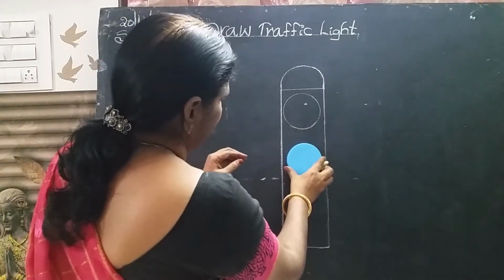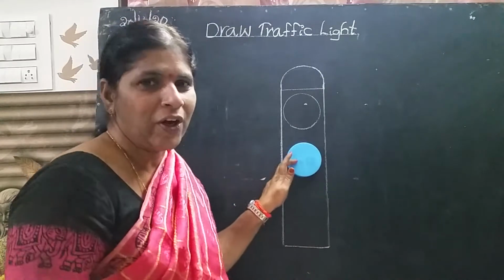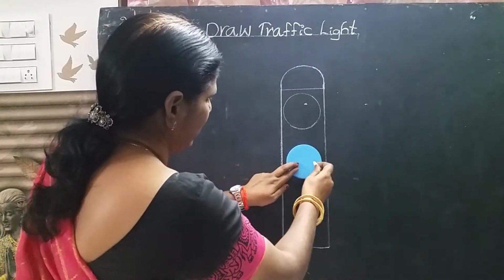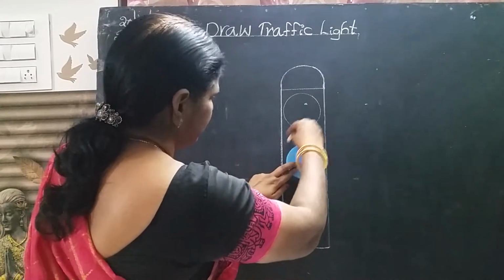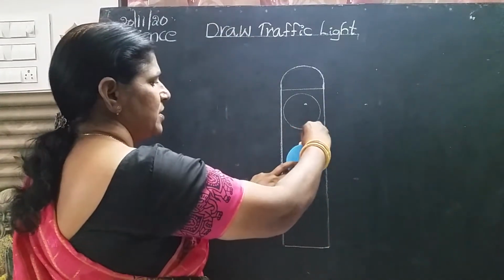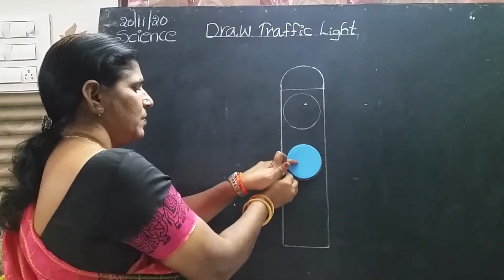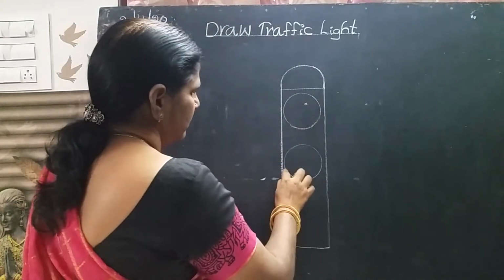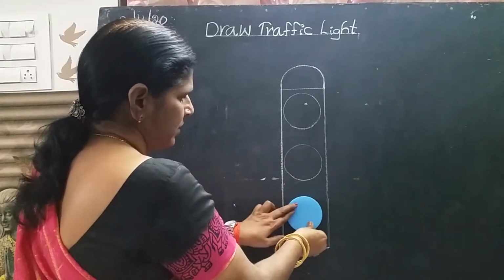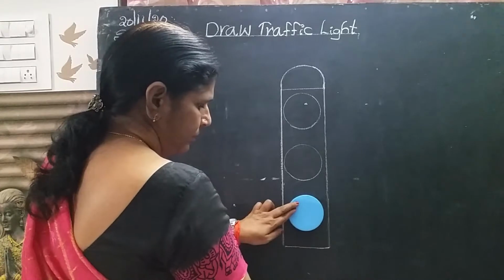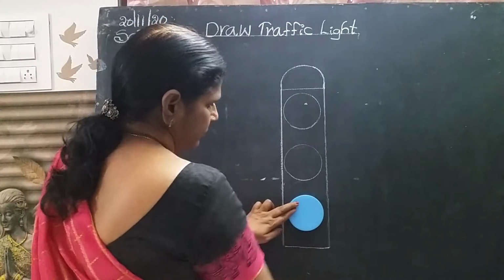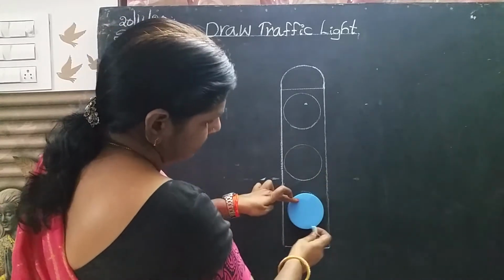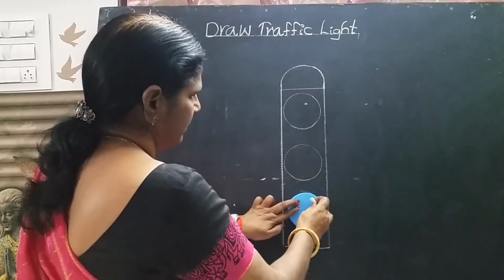It has 3 colors, no children, so that's why you have to draw 3 circles. Okay, draw one more circle. Yes, like this. Okay, and draw another circle like this.